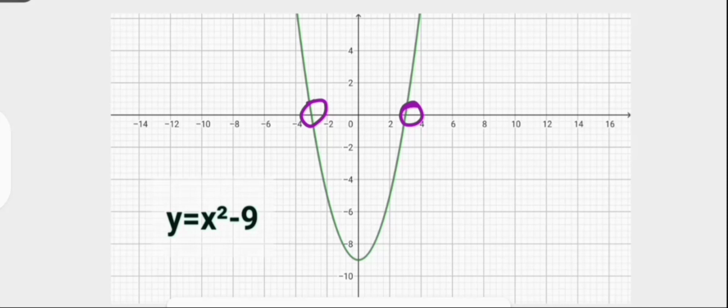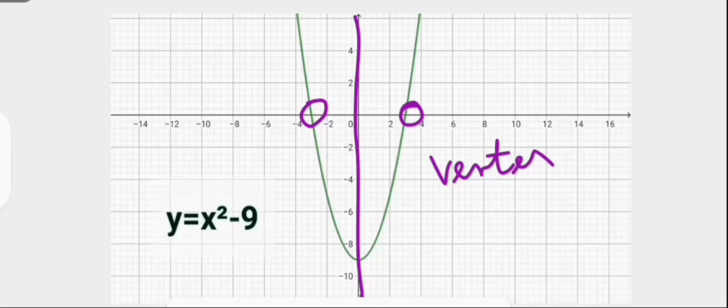That is how difference of two squares behave. You also realize that the curve is symmetrical about x equals 0. So the vertex for difference of two squares is always x equals 0.